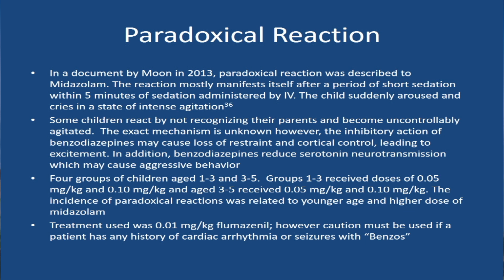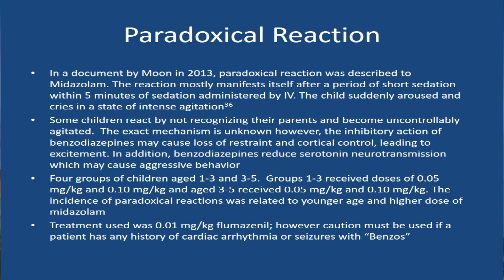Four groups of children were examined in this study by Moon, ages 1 to 3 and 3 to 5. Ages 1 to 3 received doses of 0.5 milligrams per kilo and 0.1 milligrams per kilo, and ages 3 to 5 received 0.5 milligrams per kilogram and 0.10 milligrams per kilogram.